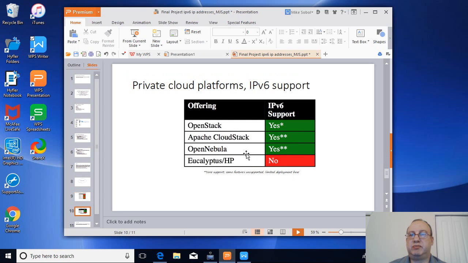And then there are also private cloud platforms. Limited support for IPv6 in private cloud companies, as well as missing support for well-established public cloud platforms, indicates that IPv6 in the cloud is clearly a work in progress.